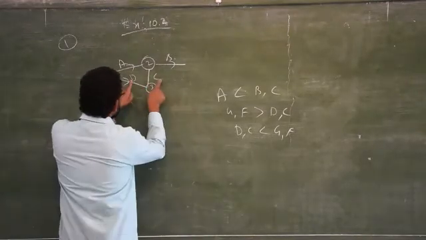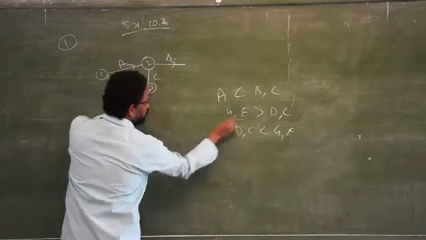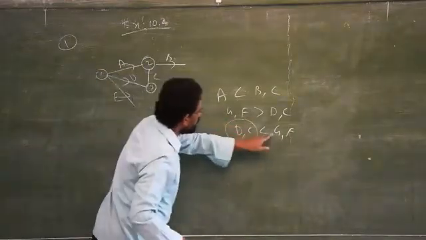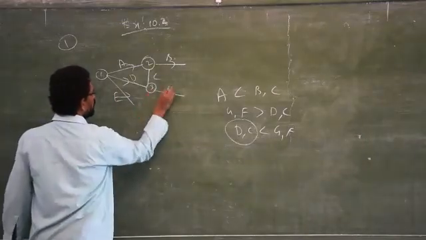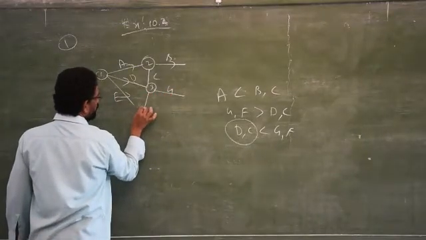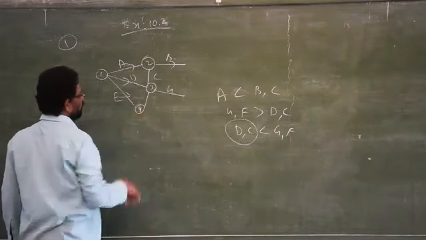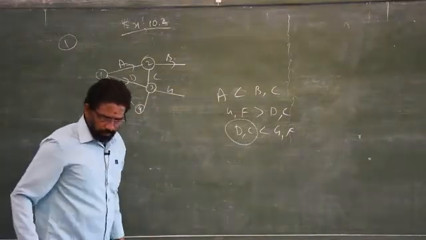See that both C and D are completed according to this question. From there you have to start G and F. F should be completed. That is 4. See the next one. What is given?